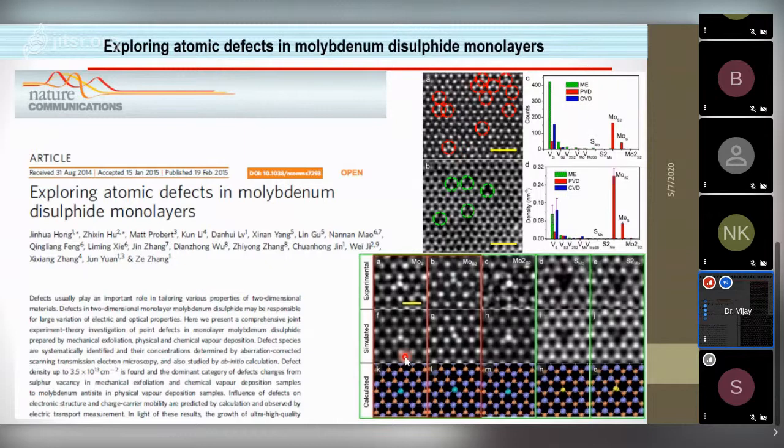Why is this needed? This is needed to place the molybdenum disulfide 2D materials in field effect transistors. If you want to know the defects, it is because a defect makes a scattering center for charge carriers.